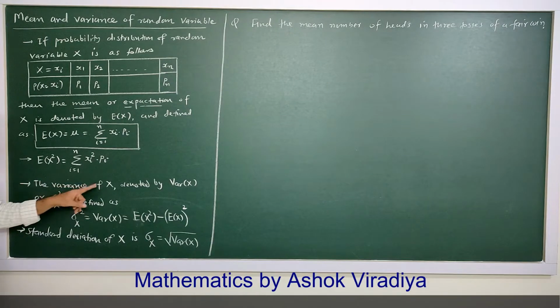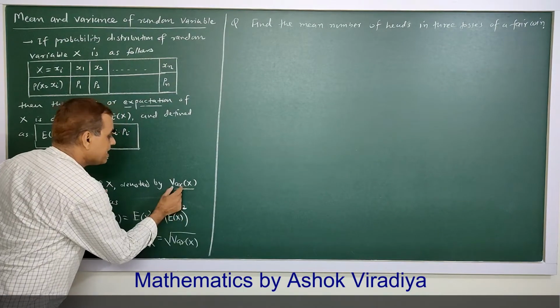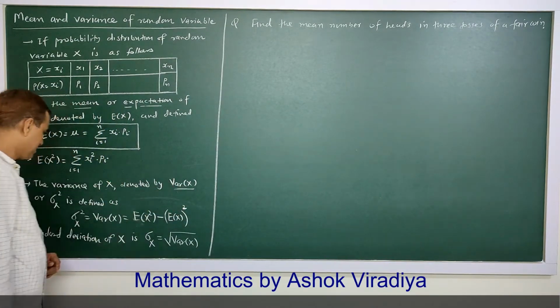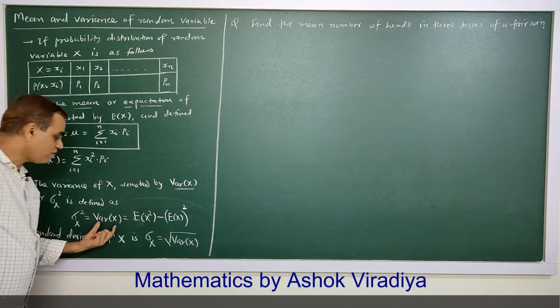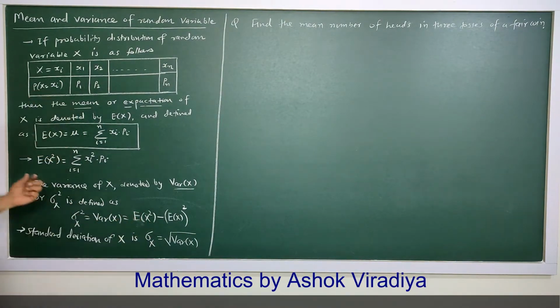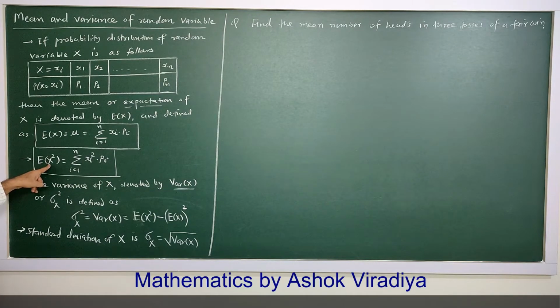Then variance of x. Variance of x is written as VAR of x, or sigma x square. It is defined as E of x square minus E of x whole square.